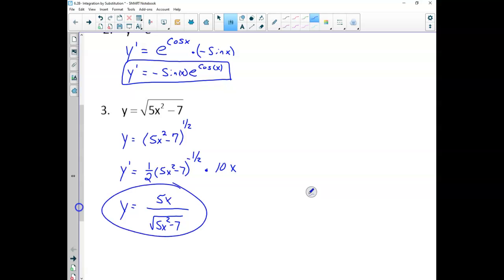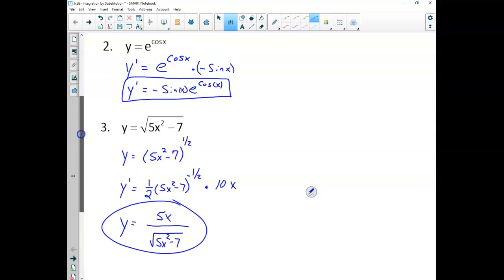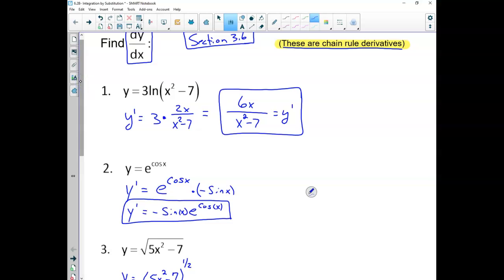Well, why are we going back to do these chain rule derivatives? The reason is that if we know this is the derivative, it is our responsibility to know the integral of 6x over x squared minus 7 dx. It's going to be our responsibility to know that that is going to be 3 ln of the absolute value of x squared minus 7 plus our constant c.